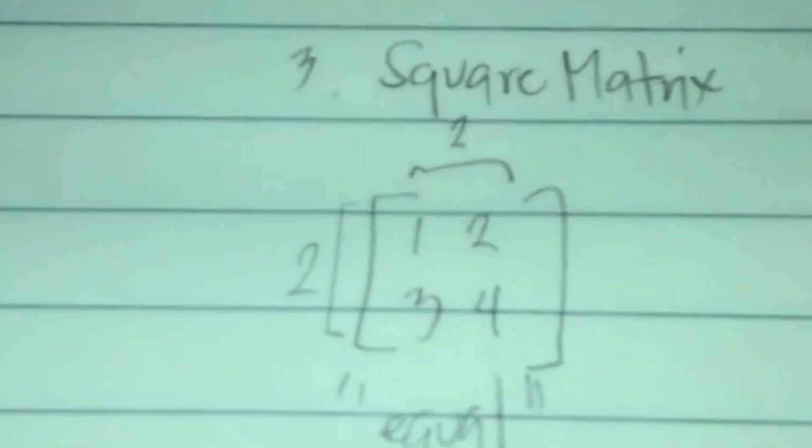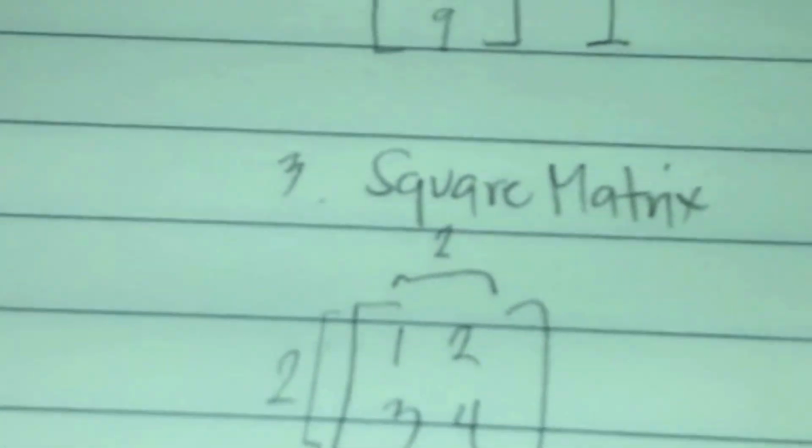It has 2 rows, and then 2 columns. So I noticed something interesting. Rows and columns are equal. And this type is very important because we will use this a lot later in determinants and inverses.